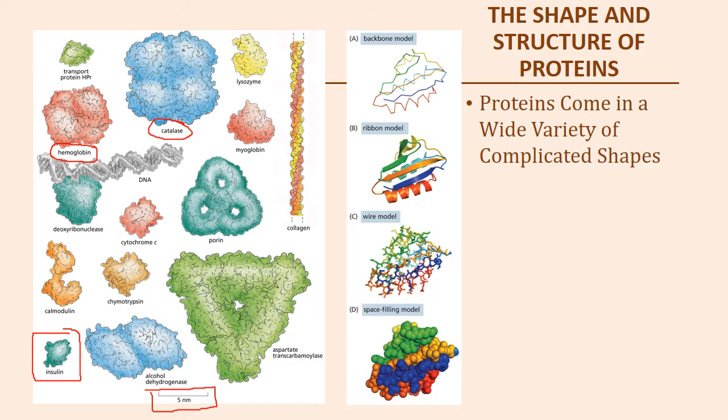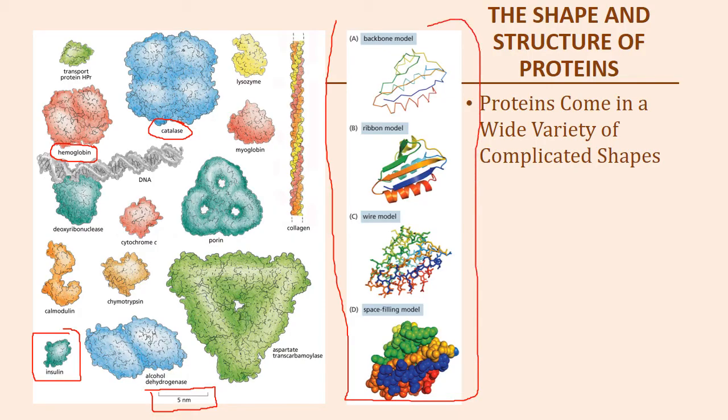So over here on my second illustration, these are the 4 most common ways that we can showcase a protein conformation. You can have an emphasis on the backbone. You can have what we call a ribbon model. The ribbon model is more of a secondary structure where you're going to take a look at the formation of the alpha helixes and the beta sheets, which we're going to discuss in just a little bit.